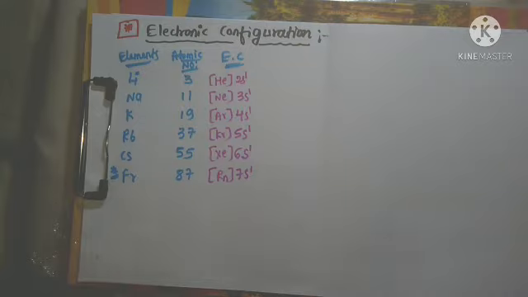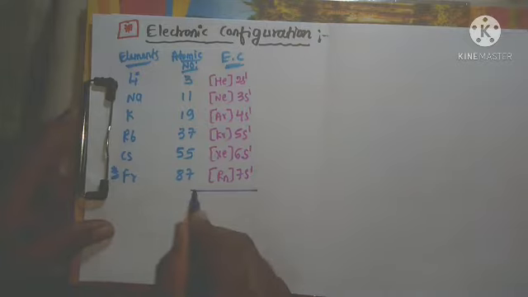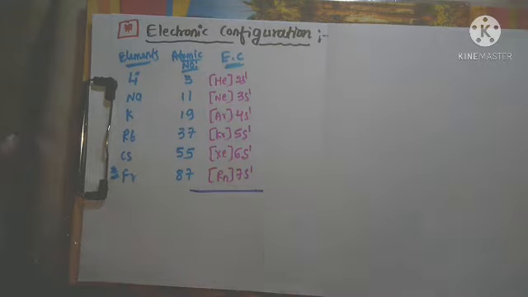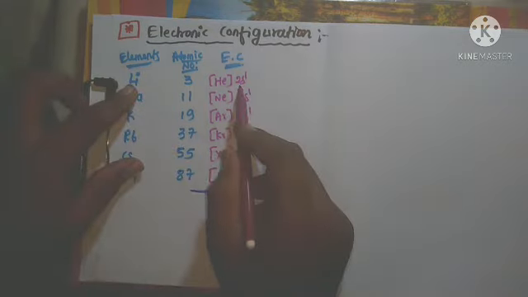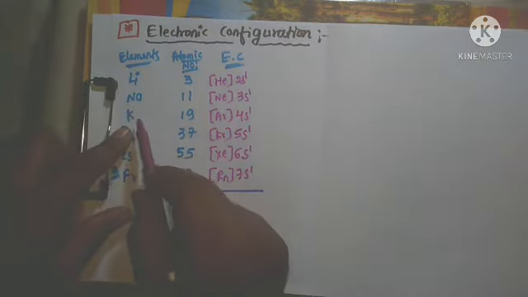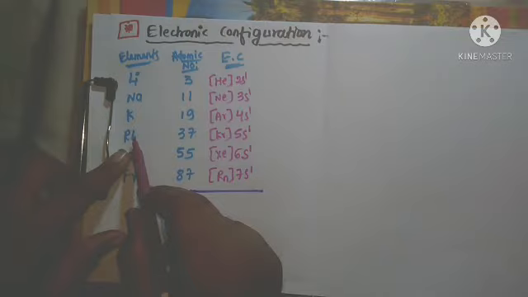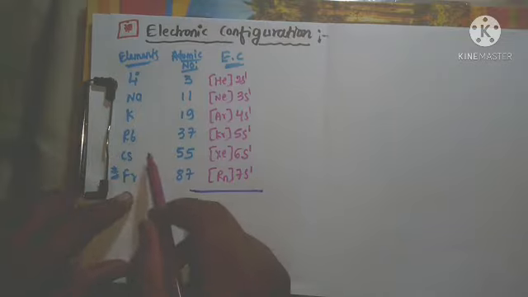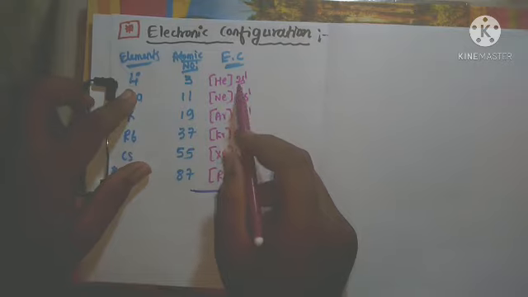Now if you see the electronic configuration of all the elements, just check, you will find lithium belongs to which period? Second period. Sodium third period, potassium fourth period, rubidium fifth period, cesium sixth period, francium seventh period. Here 2 is the n value, period number, here 2s1, second period lithium belongs.